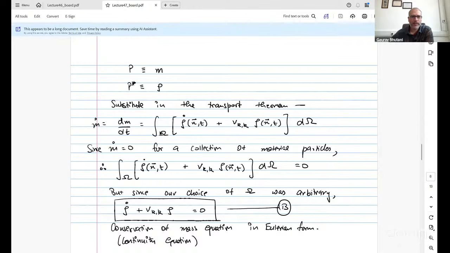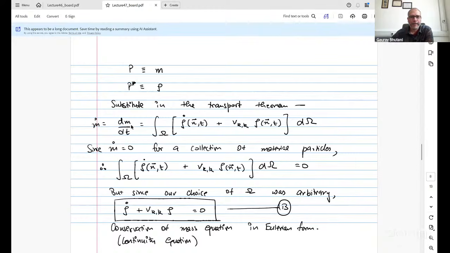The conservation law is that for a set of material particles, the mass does not change. So if you decide on a set of material particles, then over time their mass will not change. This means that d by dt of the extensive quantity m in this case is 0. That's your actual equation.